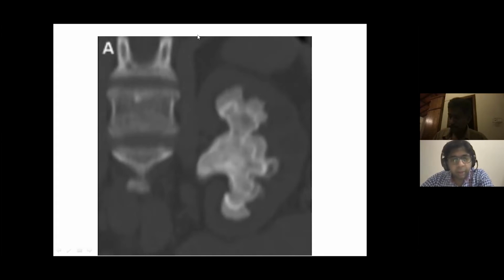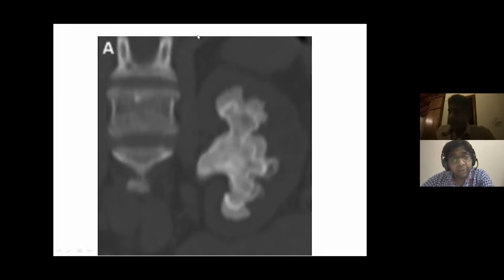According to certain studies, conservative management of Staghorn calculi causes more morbidity and mortality, and in cadaveric studies they have found more than 7 patients' deaths due to Staghorn calculi.